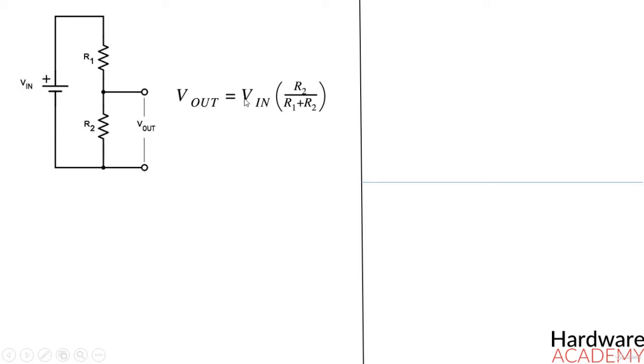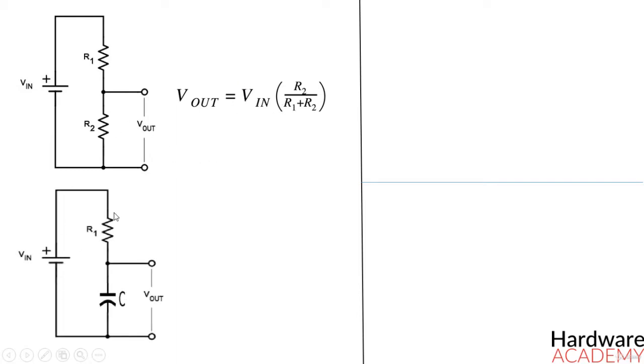The RC filter uses an equivalent structure, but instead of R2 we have a capacitor, right? First, we replace R2 only in the numerator with the reactance of the capacitor. Next, we need to calculate the magnitude of the total impedance and place that in the denominator. As a result, we will get this equation here.